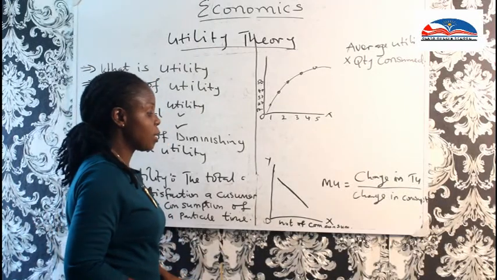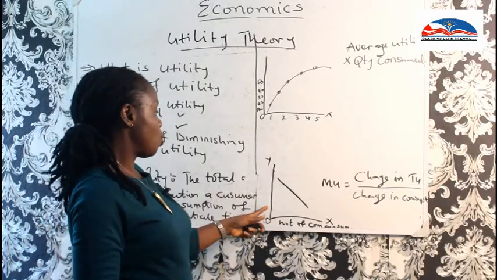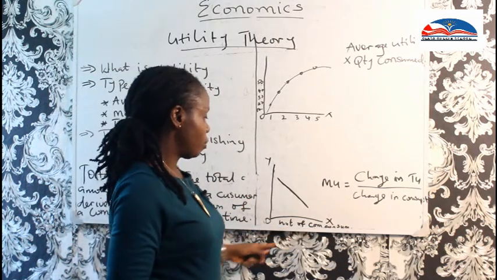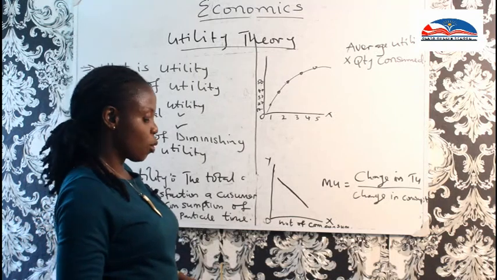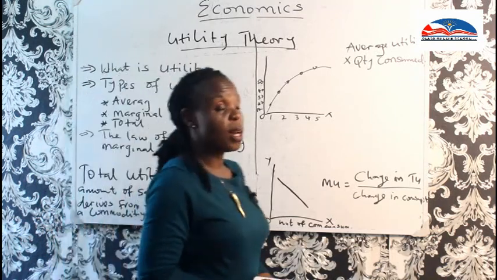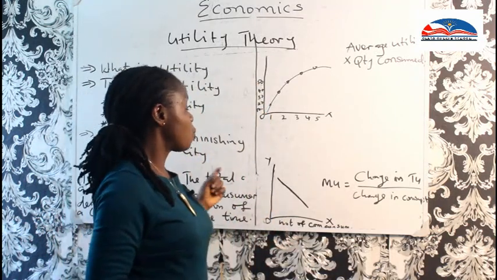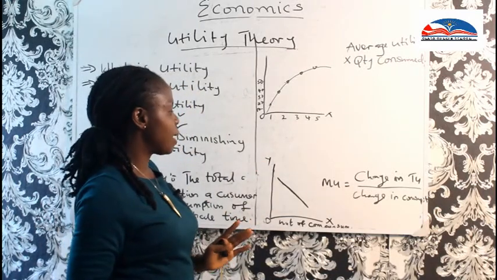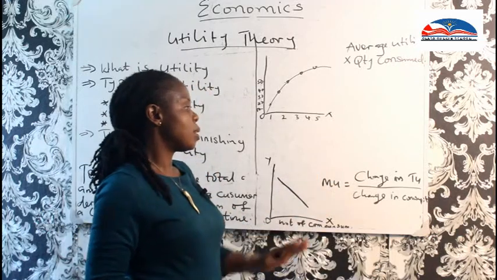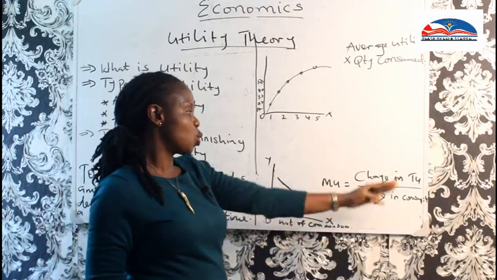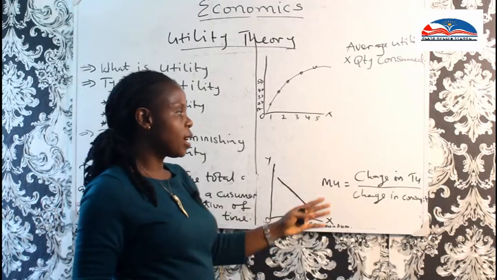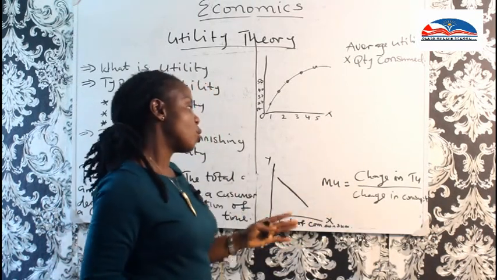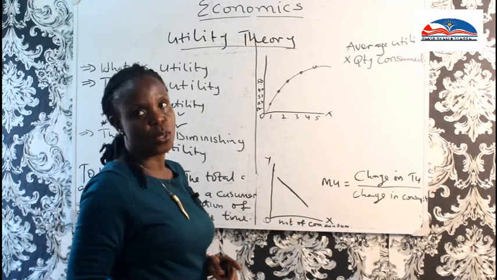So if you want to plot the graph, you're going to have the unit of utility here, and then you're going to have the unit of consumption there. So we've seen what marginal utility is, and we've seen the graphical representation of it. Then the formula: marginal utility is equal to change in total utility over change in consumption.